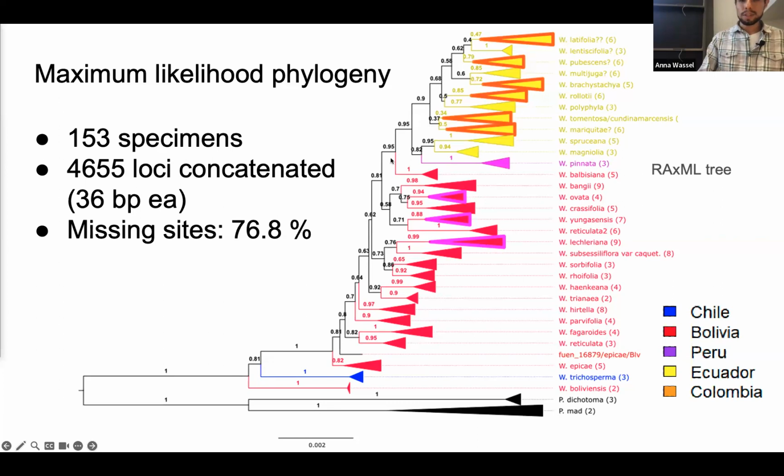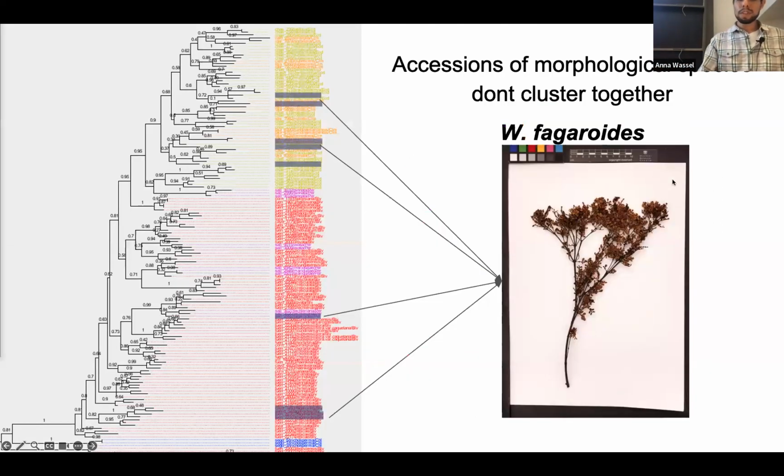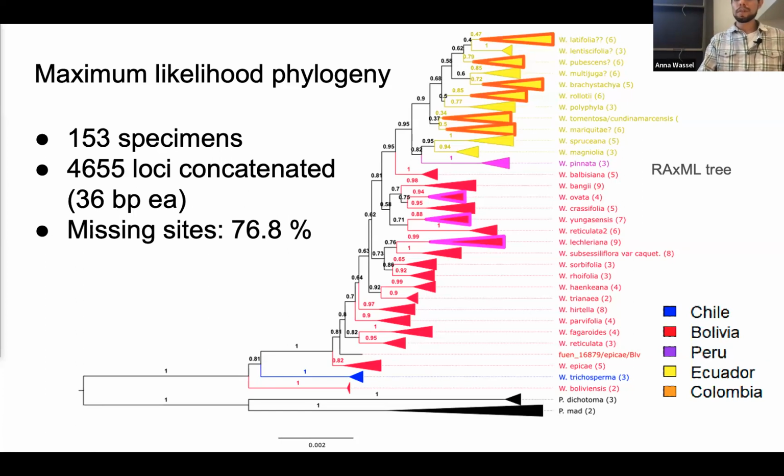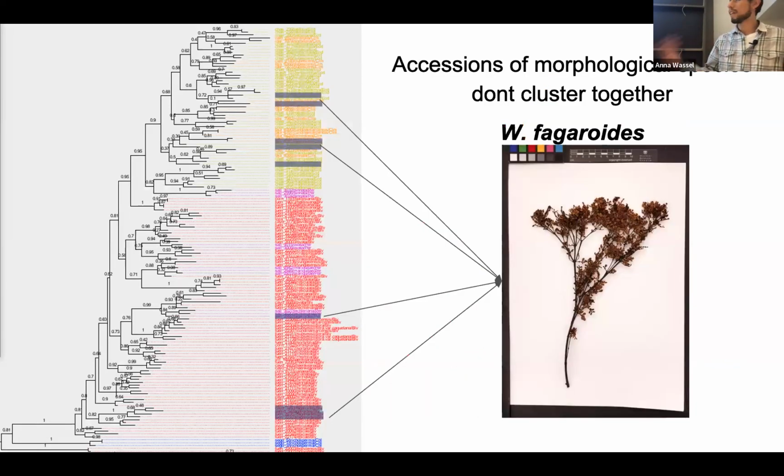And as we can see in this phylogeny, the species are colored by country of origin, and we have collapsed all the species, and in parentheses, we have the number of individuals per species included in this case. So most of these species did form monophyletic groups. However, a significant amount of them did not cluster into monophyletic groups.